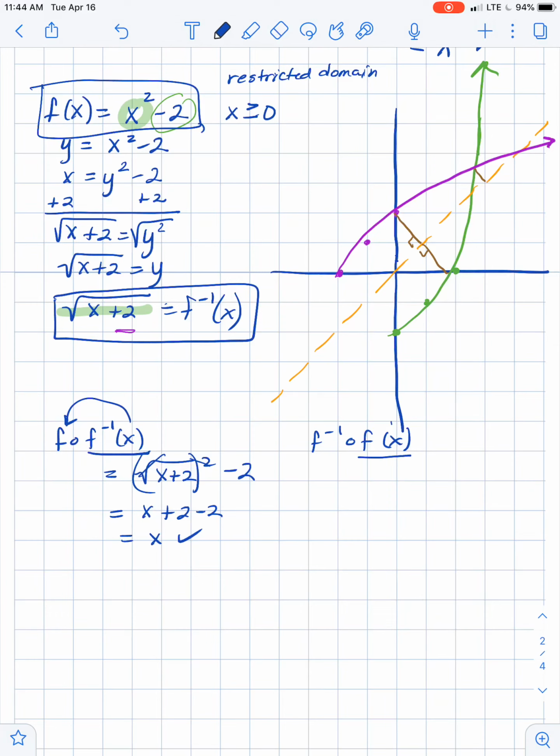This one, I'm going to take the f into the f inverse. Okay, and so this time we are putting the f into the f inverse.